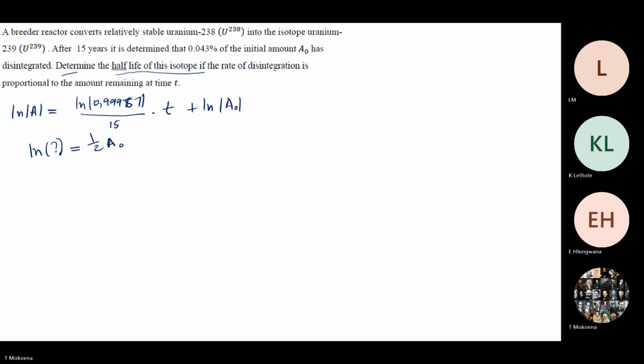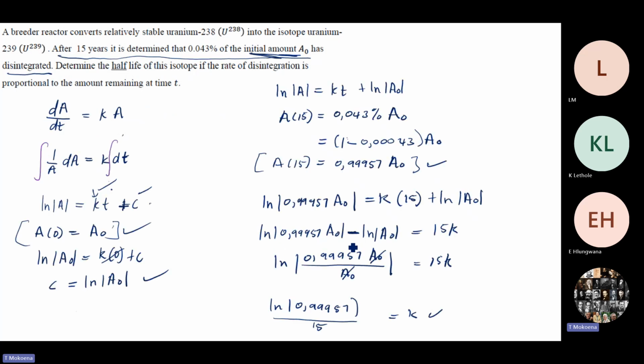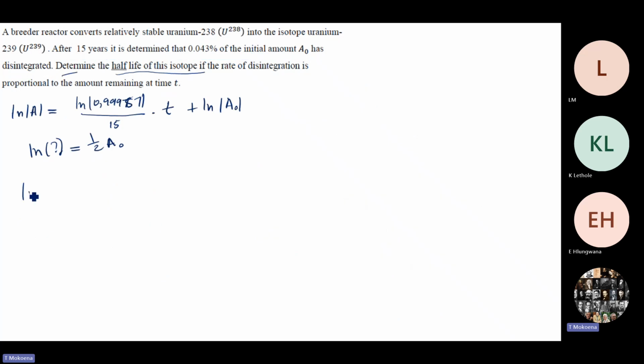So now, how are we going to go about this one? Sorry, guys. Because there we have our answer already, ne? You don't have to perform this step again. Take this one to this side, so that they can cancel over here. You can just literally write half.